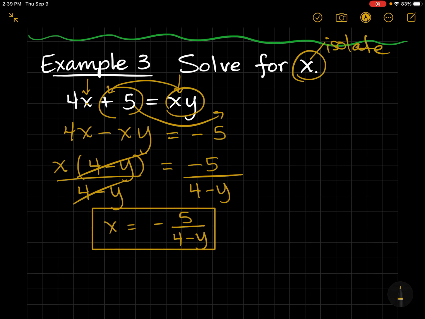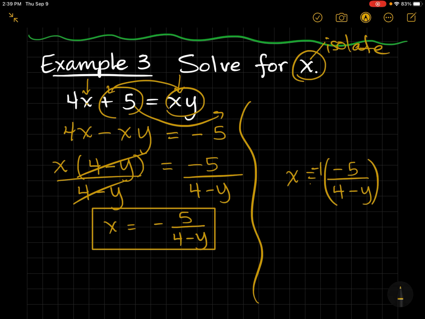However, you might be taking a multiple choice test, so it may look different. It may look like this. And this is just a little sidebar, if we were to multiply top and bottom by negative 1, anything over itself is 1, so that doesn't change the value.